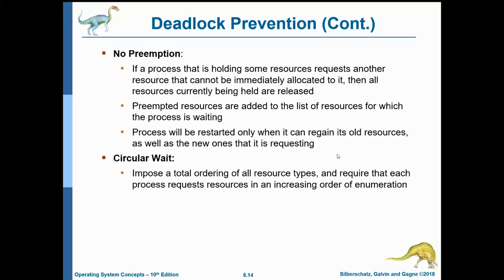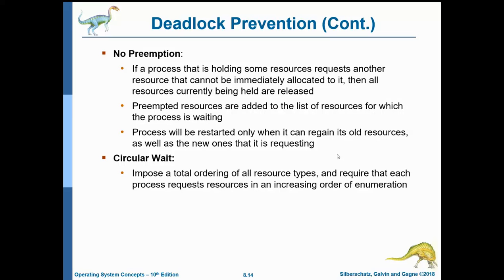To illustrate that, let R be the set of resource types, and we assign to each resource type a unique integer number, which allows us to compare two resources and determine whether one precedes another in our ordering.